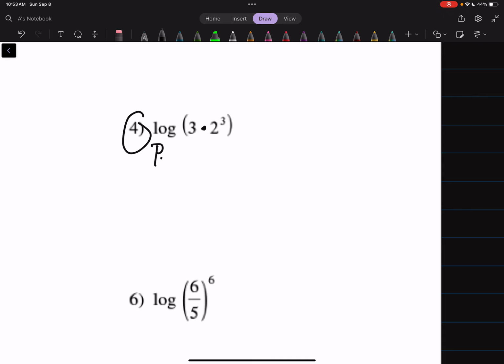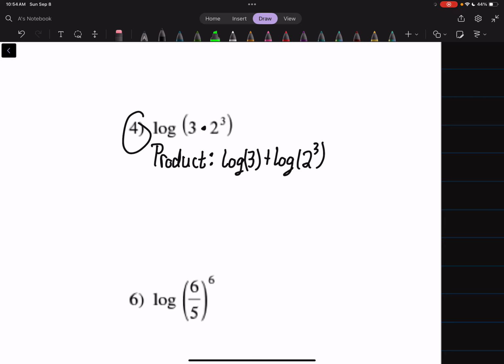So product rule. And I'm going to say log of 3 plus log of 2 to the third power.